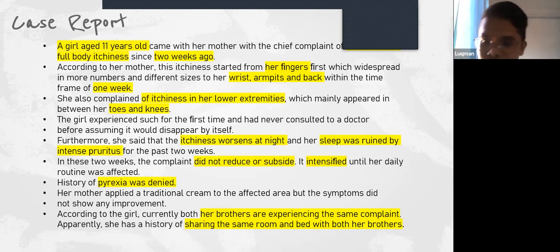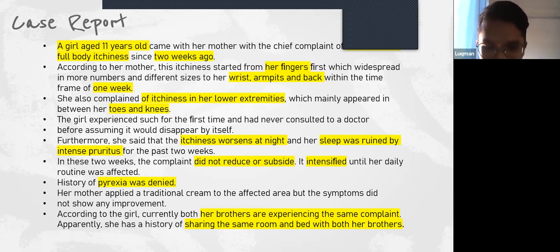History of pyrexia was denied. It was denied maybe because there was no secondary bacterial infection. In scabies cases, there can be complications leading to secondary bacterial infection, such as Staph aureus and also beta hemolytic streptococci. Her mother applied a traditional cream to the affected area, but the symptoms did not show any improvement.